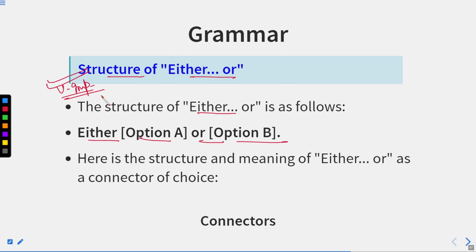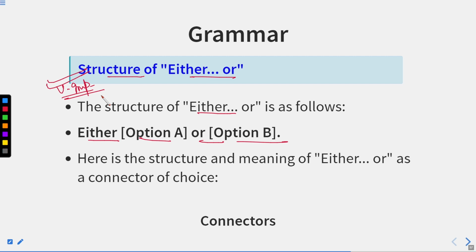Or you can say either should be immediately before option A, and or should be immediately before option B. We cannot have the structure like either plus you plus option A. No, not that. If it is either you option A, that will be incorrect. It should be like you either then option A.